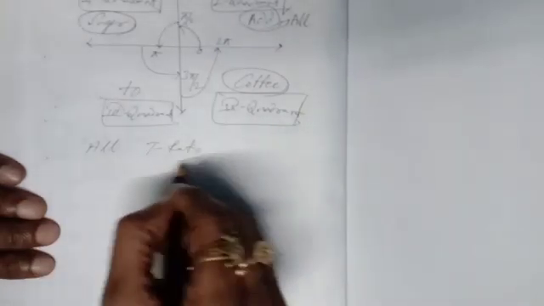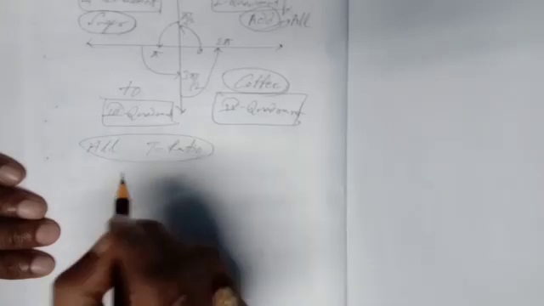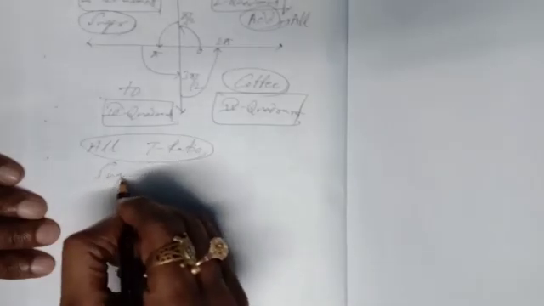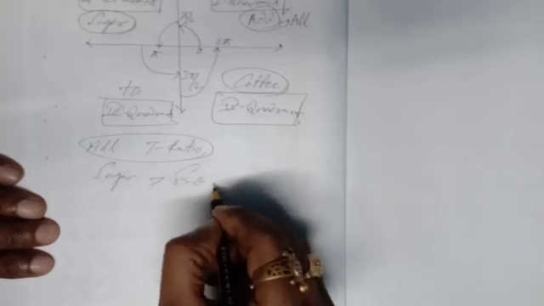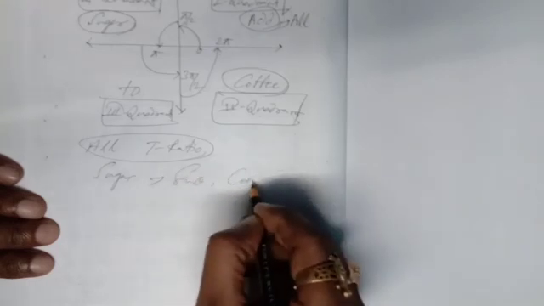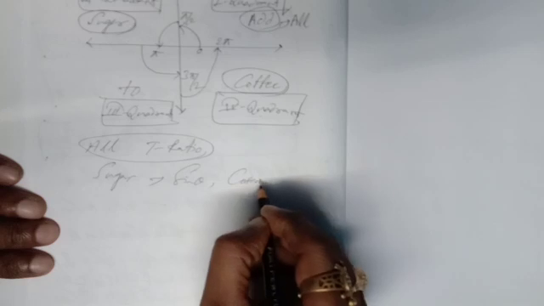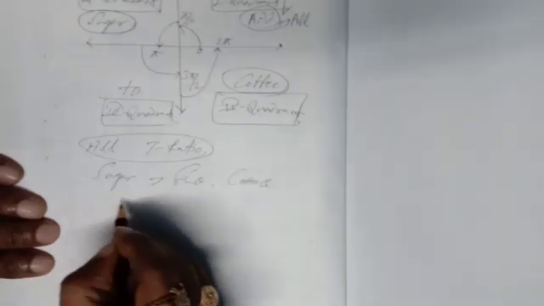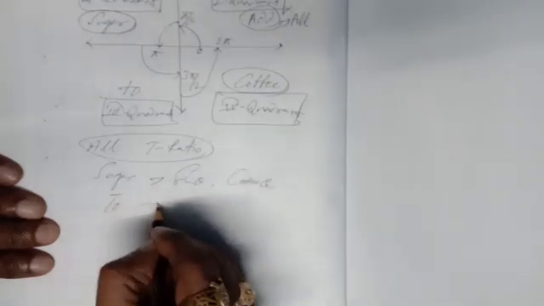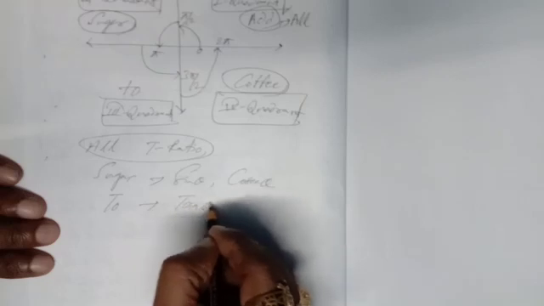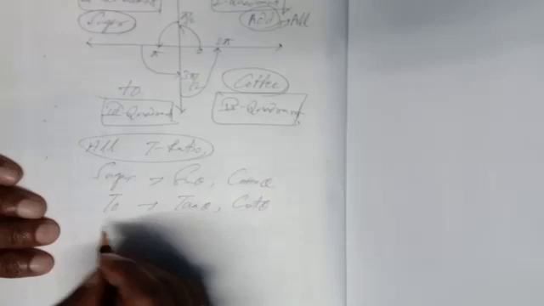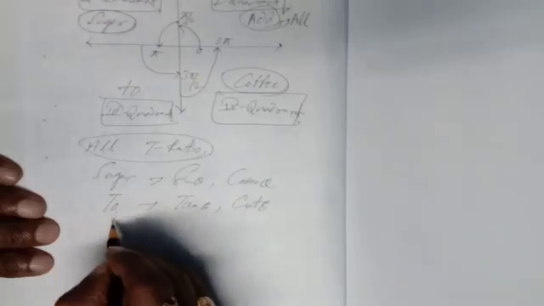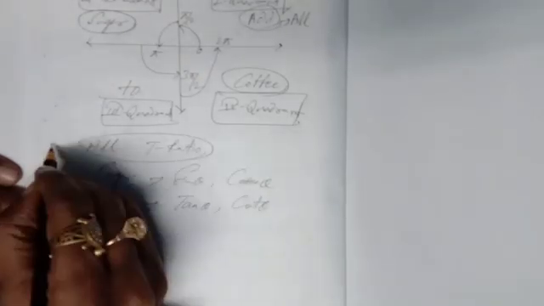All T ratios will be positive in the first quadrant. Sugar means here sin theta and the reciprocal of sin theta, that is cosec theta. And T means here tan theta and its reciprocal, cot theta, will be positive in the third quadrant.